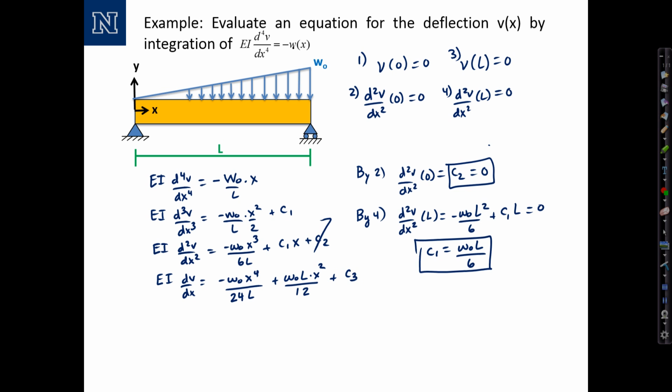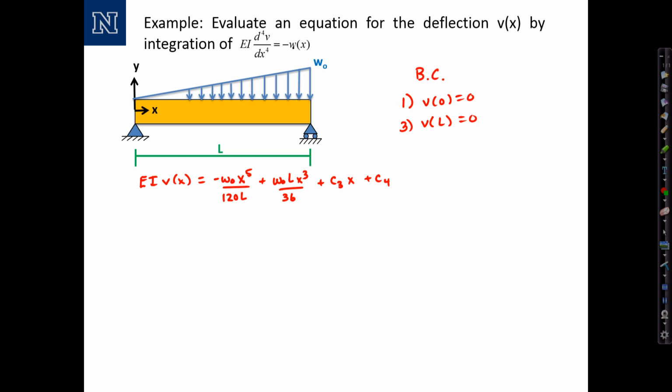Then we have another constant of integration. Last time, EI v of x equals negative w naught x to the fifth over 120 L plus w naught L times x cubed over 12 times 3 is 36 plus C3x plus C4.